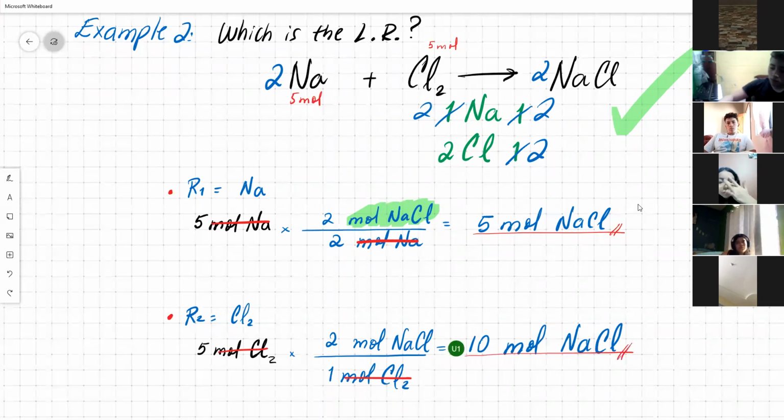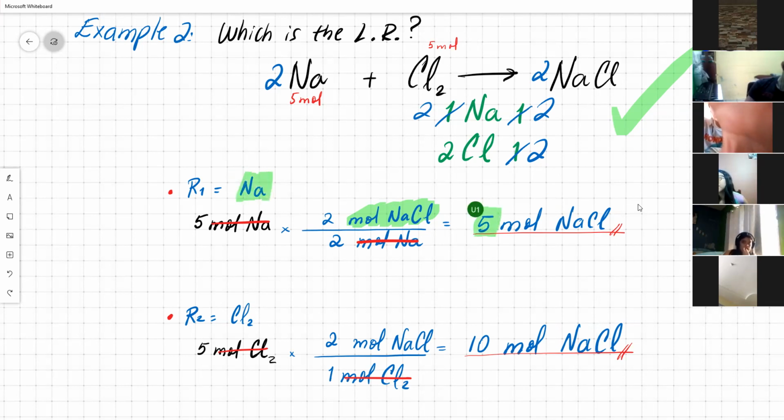Now, what is the limiting reactant? Is it sodium or is it chlorine? Sodium. It is sodium because sodium produces less. 5 is less than 10. So the limiting reactant is the reactant that produces the lesser product.